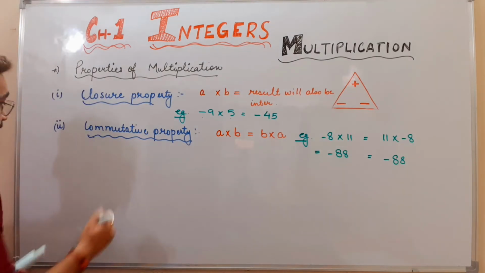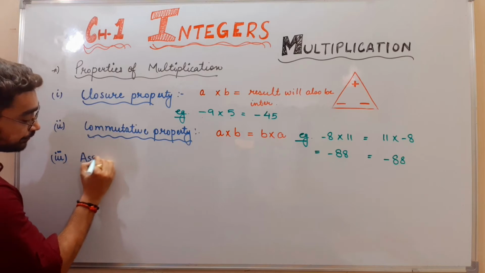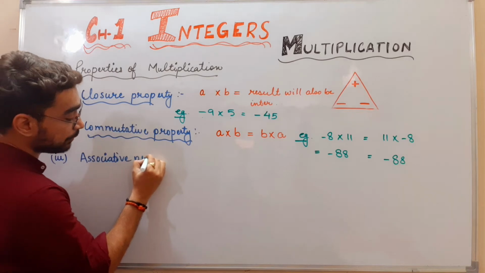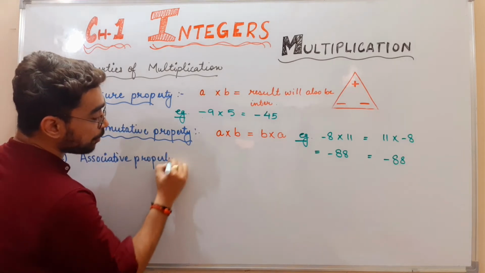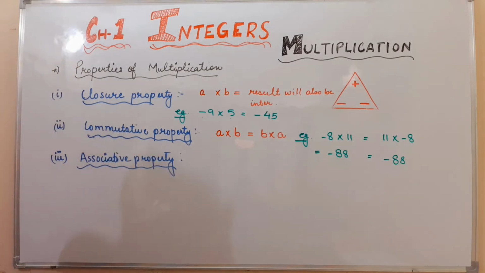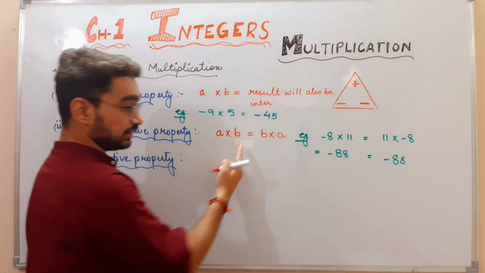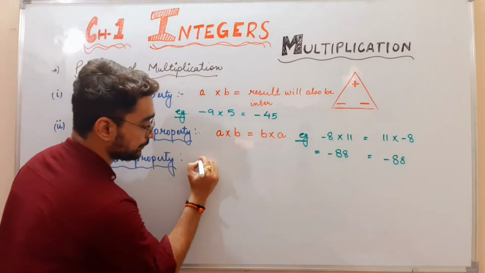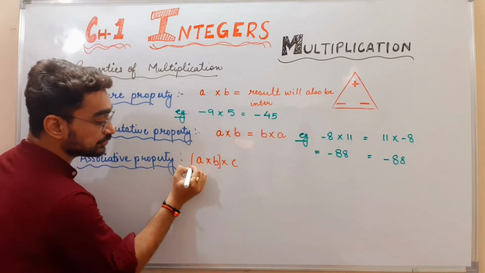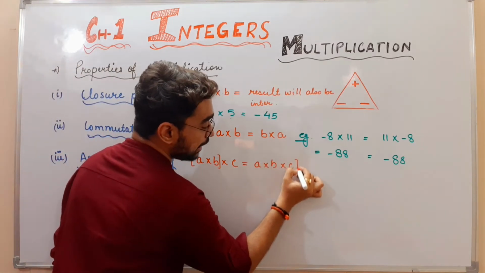Now the next is the associative law. As you know, the associative property is just the advanced version of the commutative property, because there we use two numbers, while in the associative property we use three numbers, like A into B into C. Either we multiply the first two first, or we multiply the last two first.